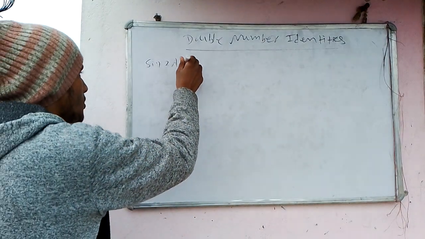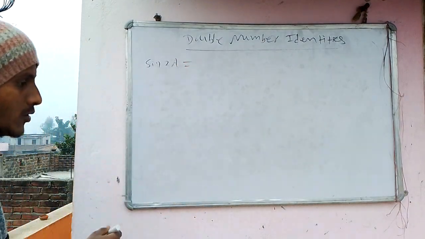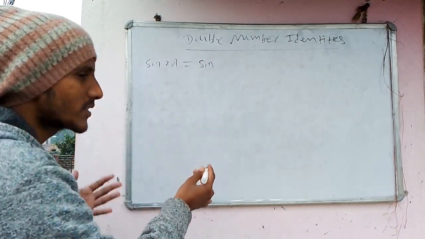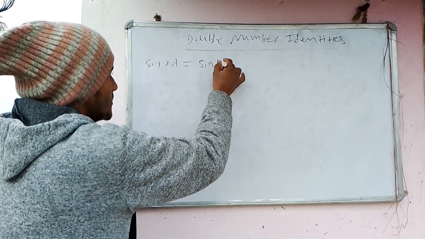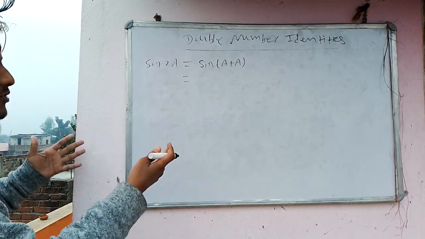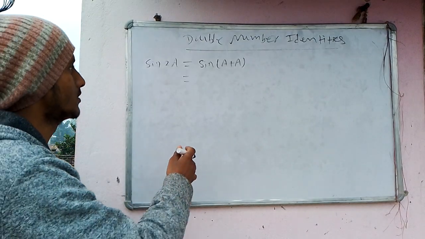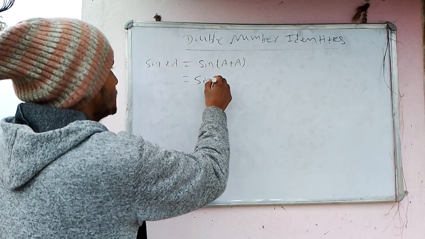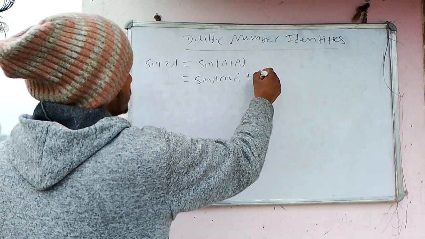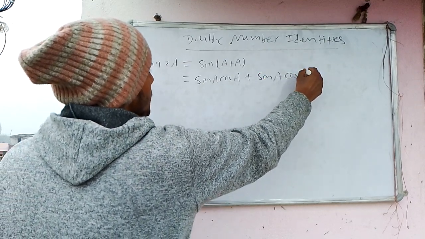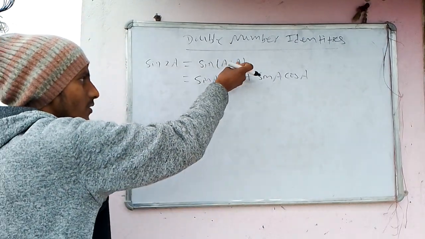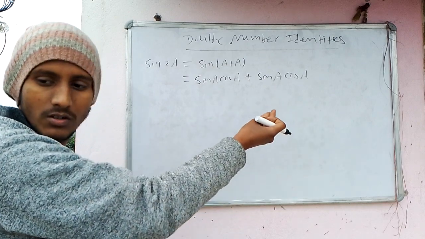In order to find sine 2A, we can use our previous knowledge: we know what sine A plus B is. So we just write this as sine A plus A, and I hope this looks very familiar. So this will be sine A cosine A plus again sine A cosine A. What happens in A plus B is that here it gets switched, but as both of them are the same thing, it doesn't matter.